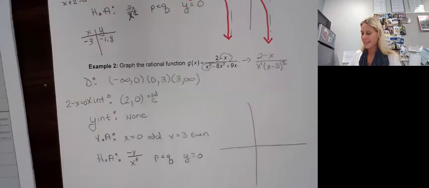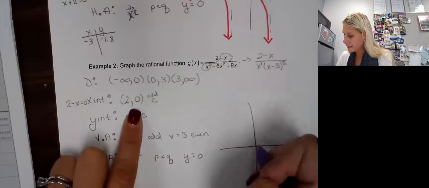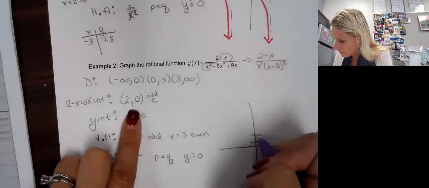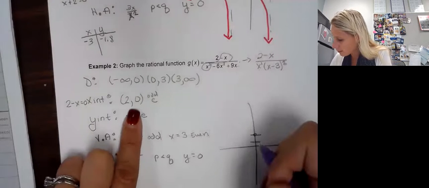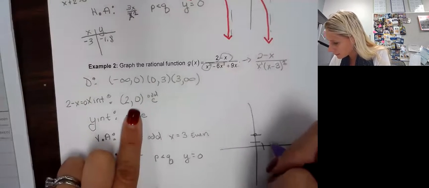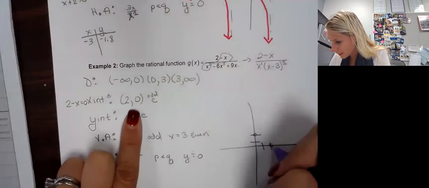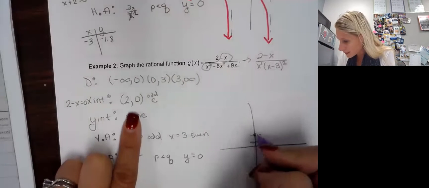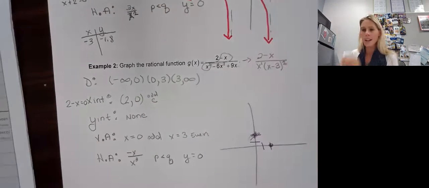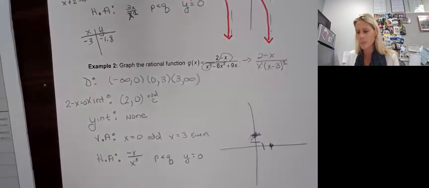Lovely, right? There we go. Okay, so we have an x-intercept at 2. Oh, why did I put that down? Sorry, guys. X-intercept at 2. Ignore this. Ignore it. I wish I had whiteout. This is why you don't use pens.